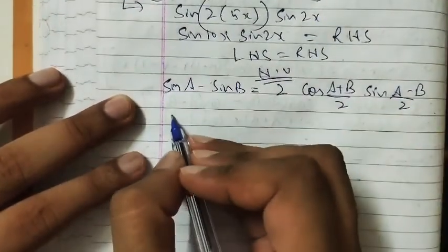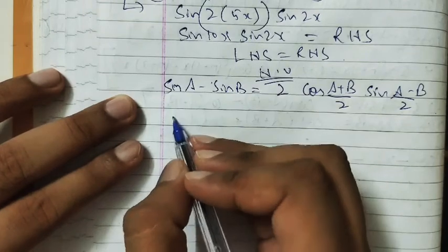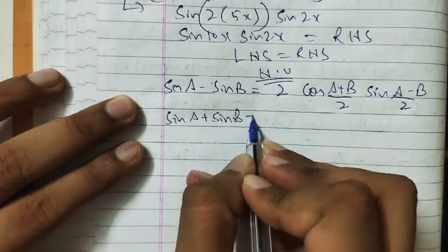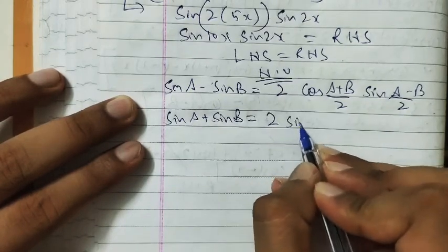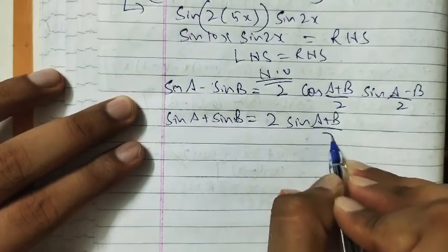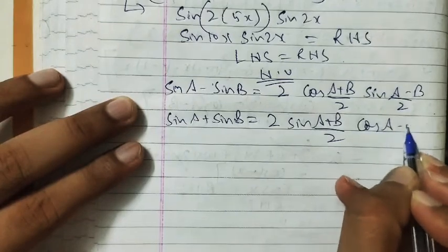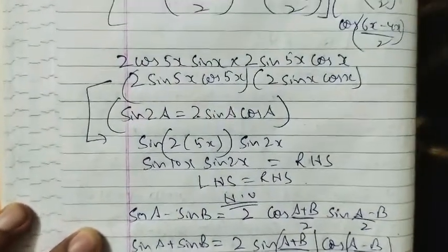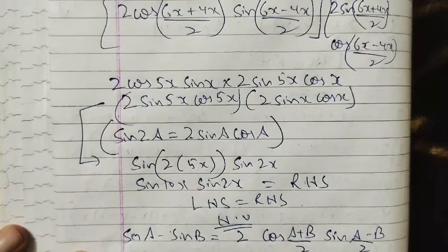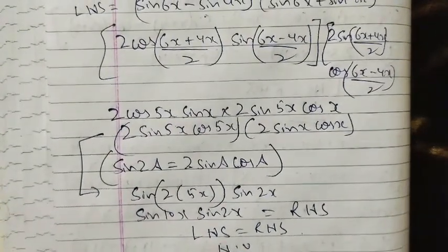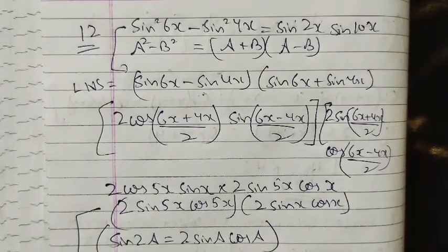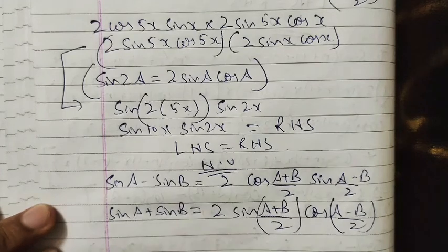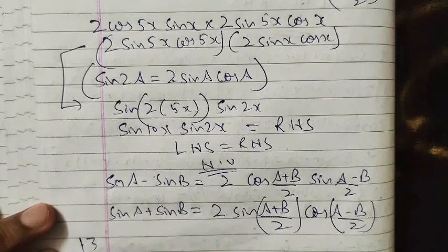Similarly, we have used sin A plus sin B is equal to 2 sin (A plus B) upon 2 cos (A minus B) upon 2, right? So this may sound a bit confusing, but we can easily do it once we start the procedure. So just note down this procedure, right?